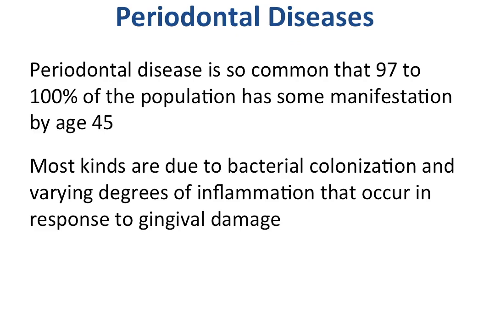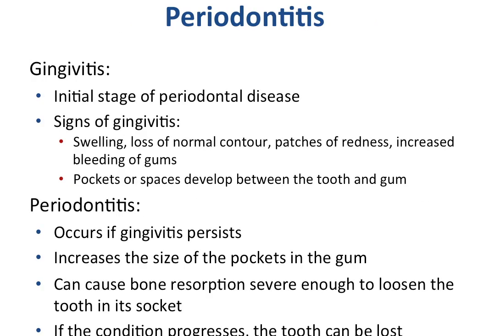Periodontal disease is very common. About 97 to 100% of the population over age 45 have this disease. This is induced by bacterial colonization and the inflammation induced by bacteria.